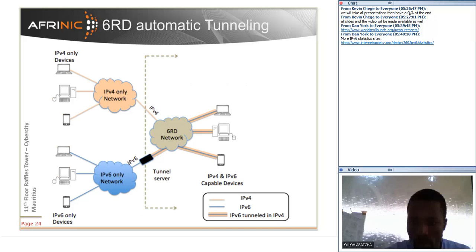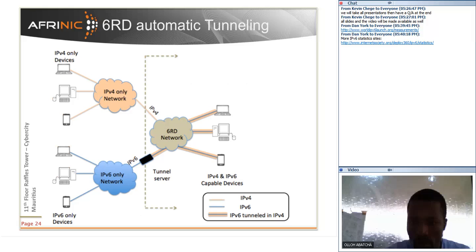So what happens is, if you have a 6RD network, you have your IPv4 and IPv6 capable devices on that. If it wants to talk to the IPv4 network, it uses the IPv4 backbone as we normally use it now. However, if you want to talk to an IPv6 only network, there's a tunnel service over there that tunnels your IPv4 traffic all the way to the tunnel server, and then it communicates to IPv6.